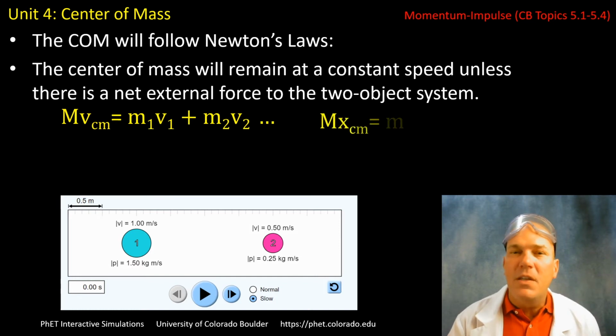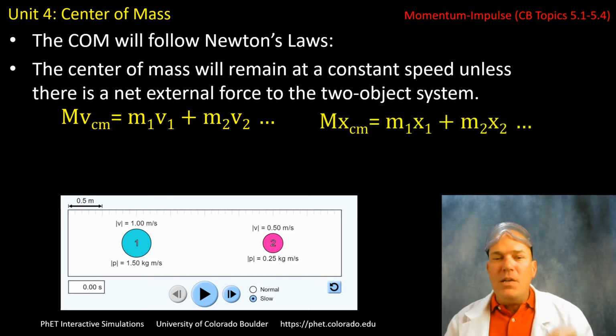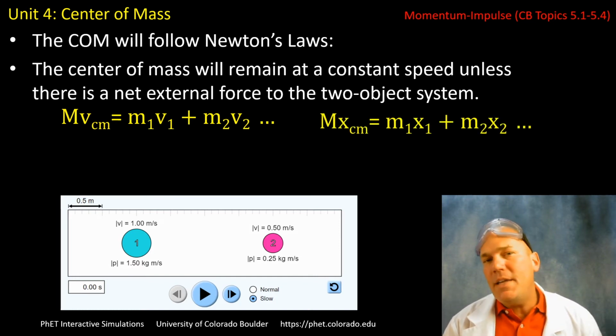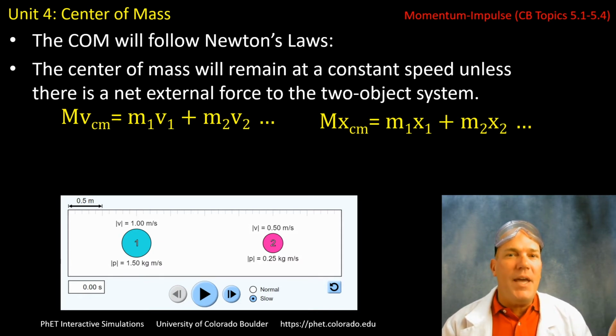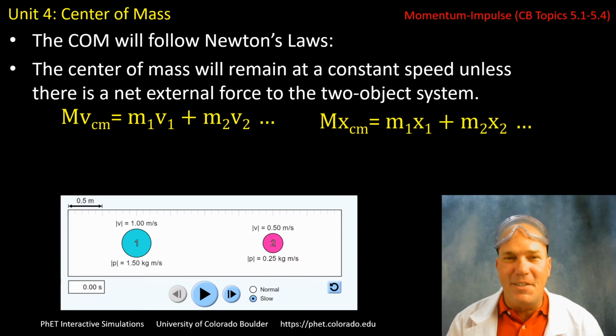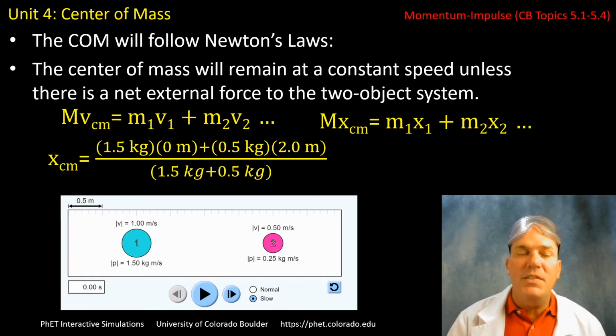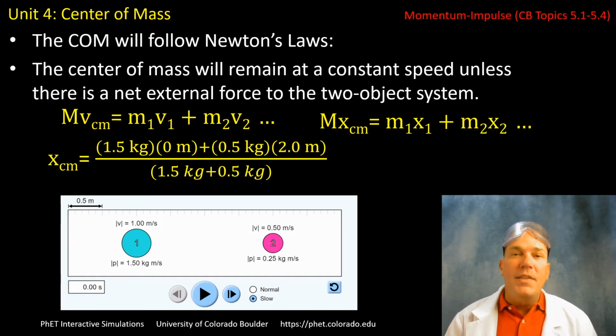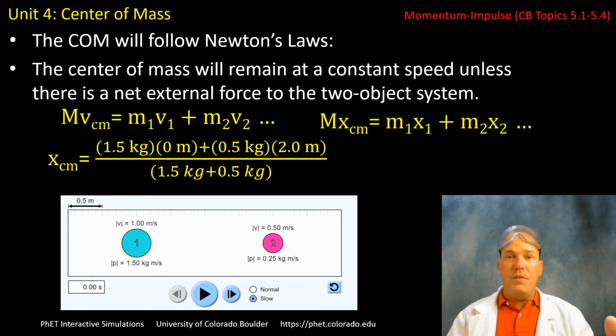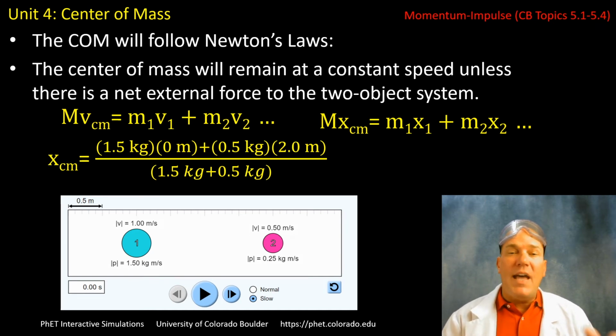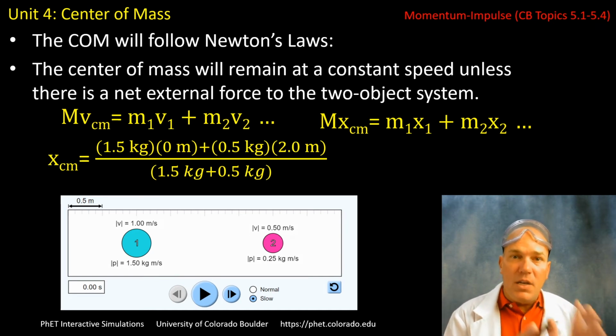But first, I want you to pause the video and try to calculate the center of mass position for this two-object system. When doing so, we have the mass of the individual objects, and please note that my chosen reference point was on the light blue colored ball.